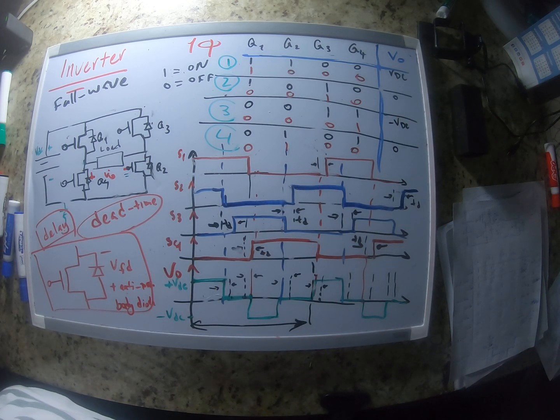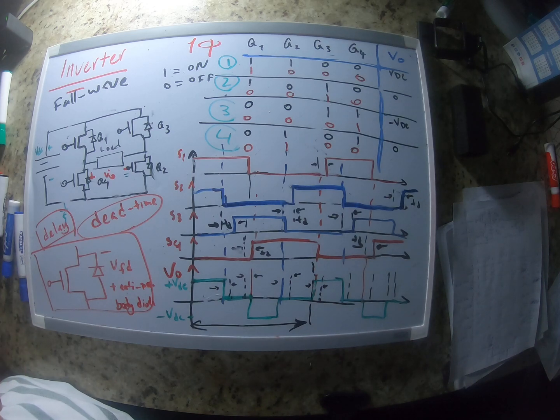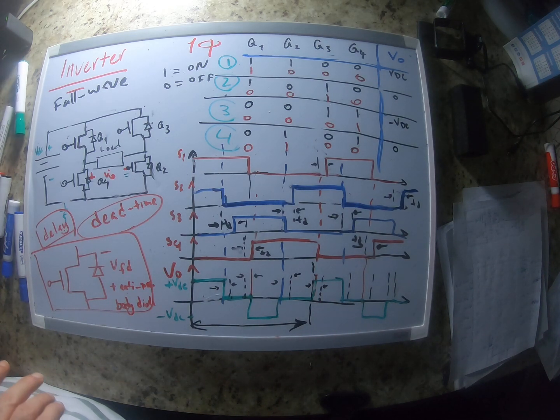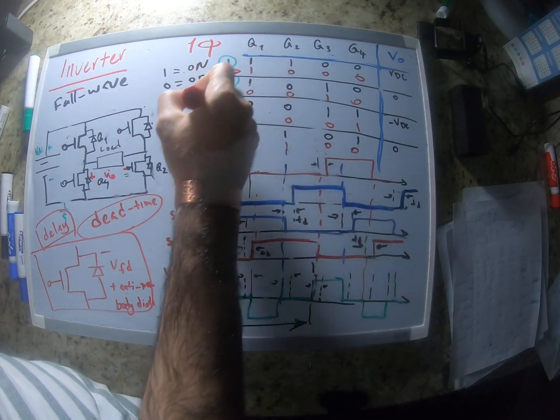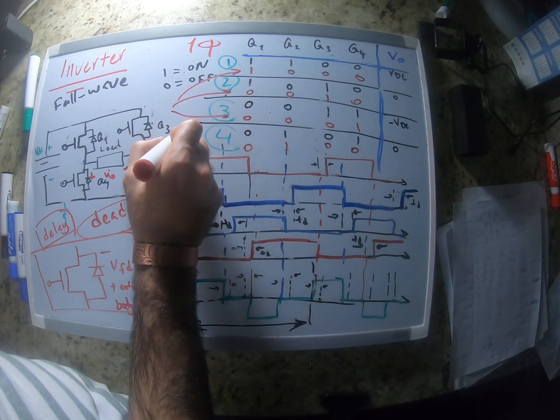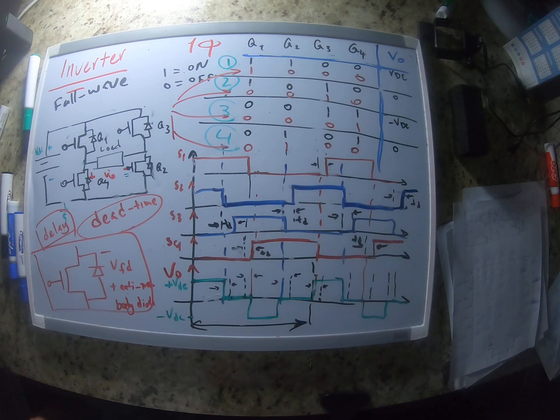Now, to tackle the problem of having two switches on the same leg on at the same time, which we don't want to happen, we create some dead states. The ones that I drew in red are the states that we have added.